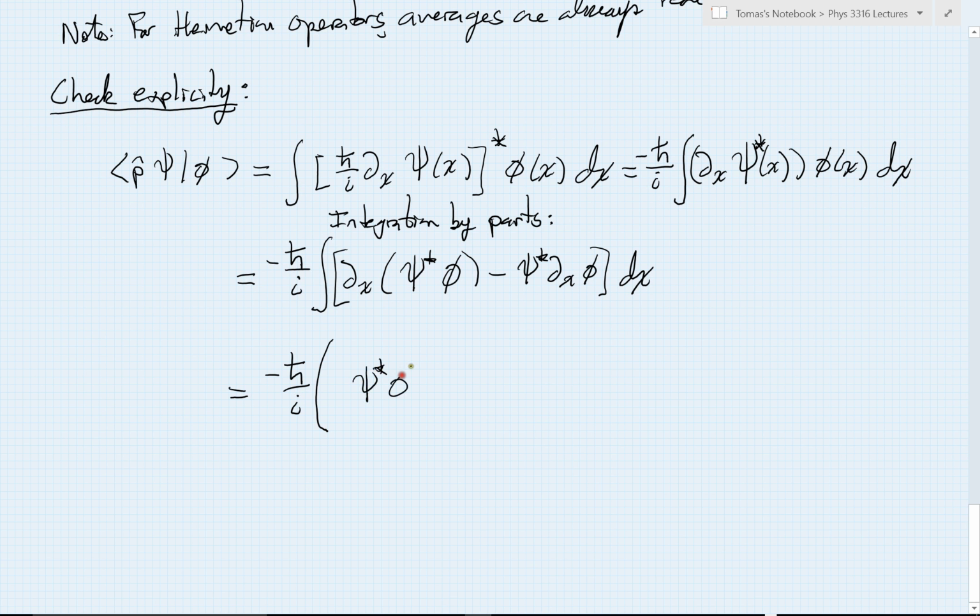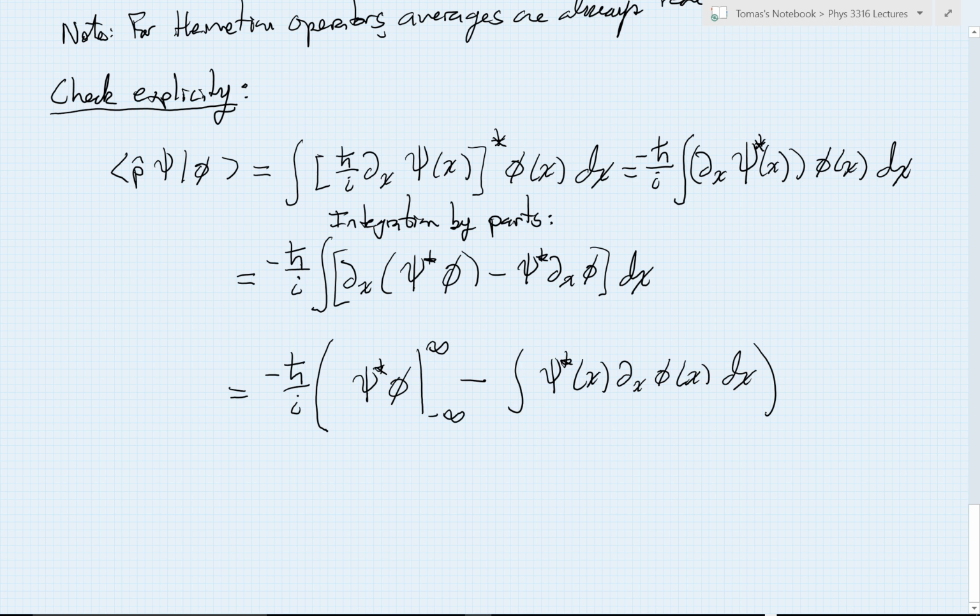And it's important that we recognize that these wave functions are evaluated at the limits of my integration, which goes over all of space. So they go from minus infinity to infinity. And then what I'm left with is the integral of the second piece, which would be the integral of psi star of x times d by dx of phi. I'm just putting the x's back again because the proof is almost done.